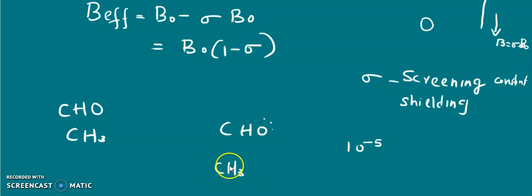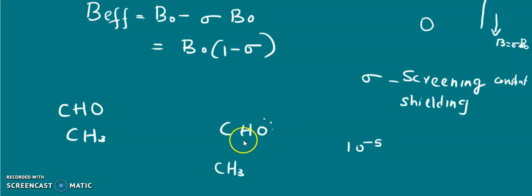In the CH3 group, there is no electronegative part. So the electron density around the proton is sufficiently higher than the electron density around the proton in the CHO group. And therefore, we can say that the screening is more for the CH3 group, because the protons in the CH3 group are surrounded by more electrons than in the CHO group.